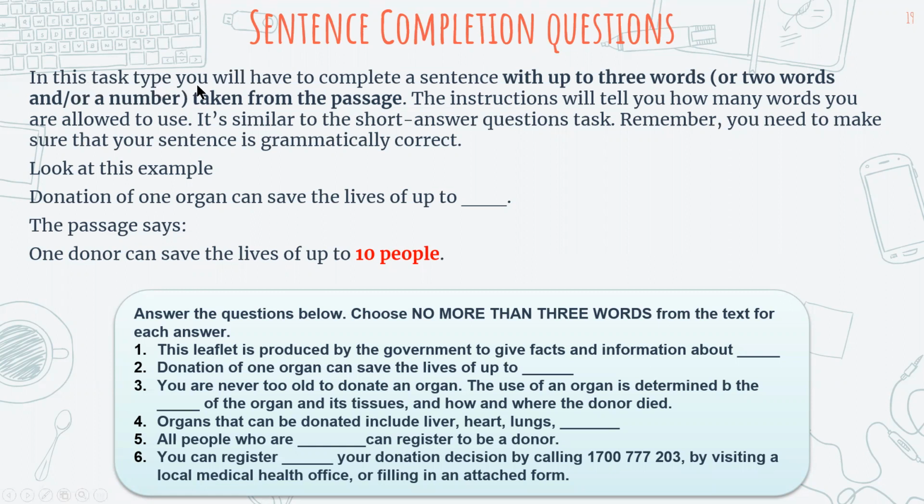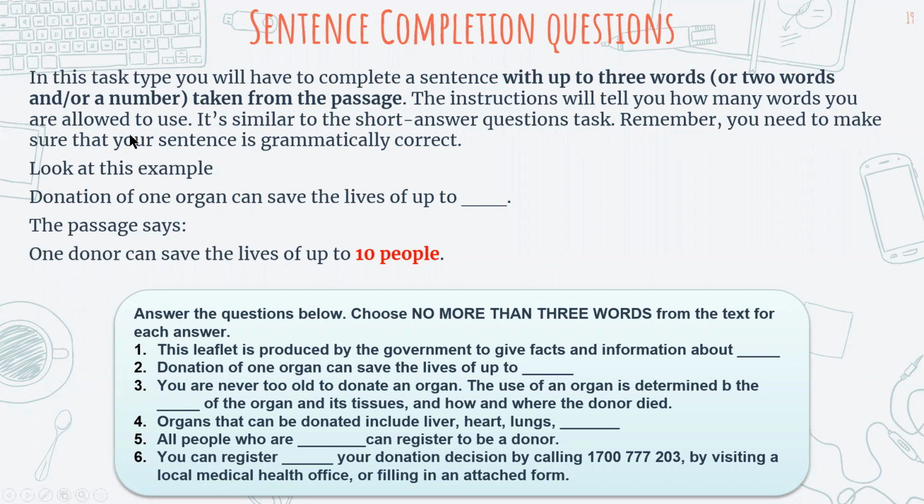In this task type, you will have to complete a sentence with up to 3 words or 2 words or a number taken from the passage. It's pretty much similar to what we have just discussed about short answer questions. It's practically the same thing. The instructions will tell you how many words you are allowed to use. It's similar to the short answer question task.